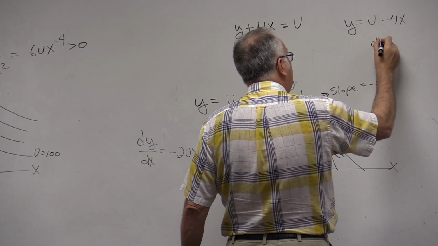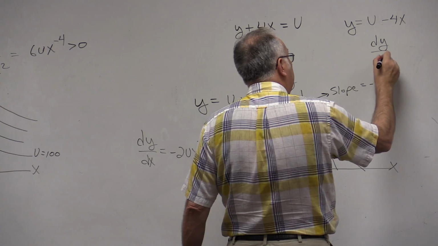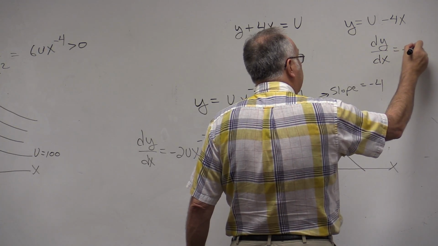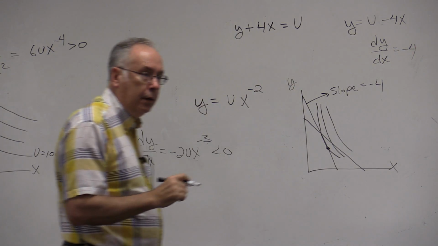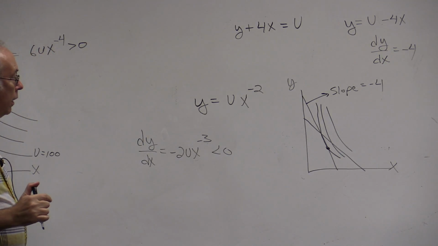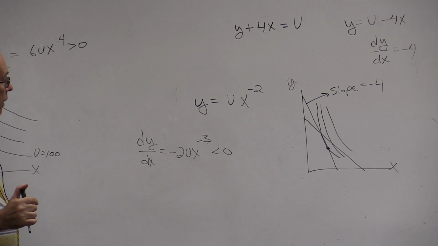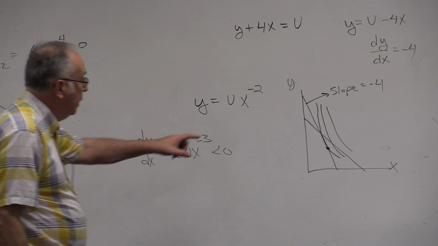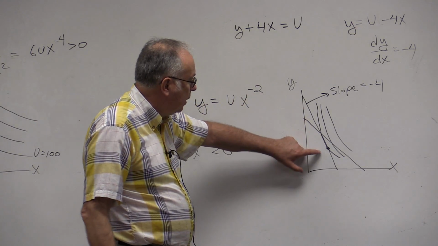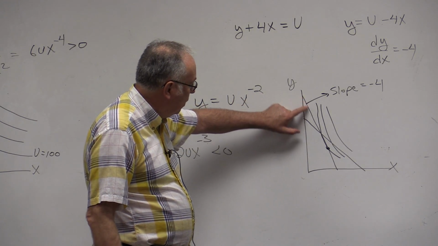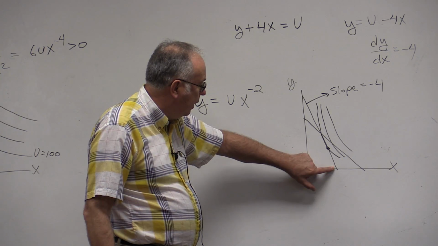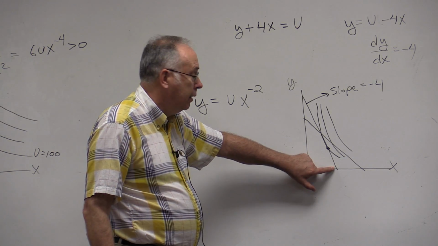And what is dy dx here? -4. Your indifference curves now are straight lines with a slope of -4. So the highest one would lie right on top of this calorie constraint.